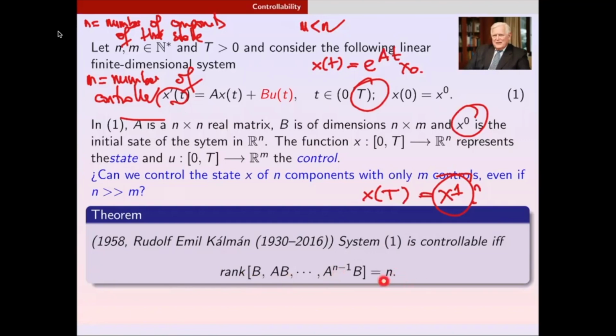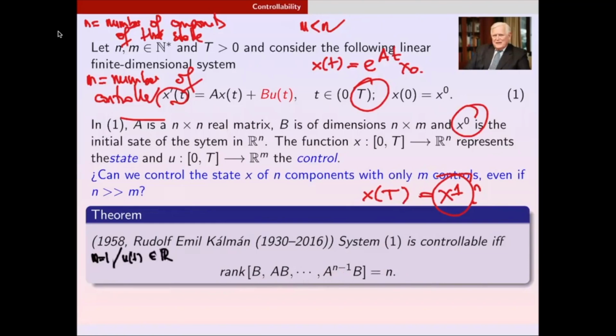So what I'm doing here, take, for instance, the extreme case where M is equal to 1. This is always the most interesting and the most challenging case. In that case, the control U(t) is just a scalar, so you only have one actuator.